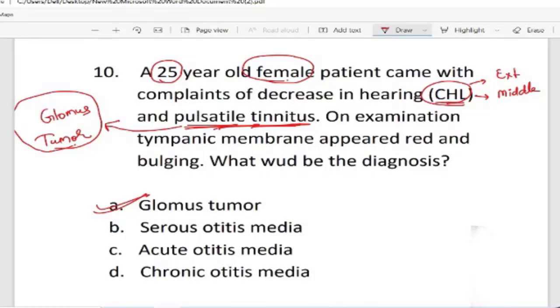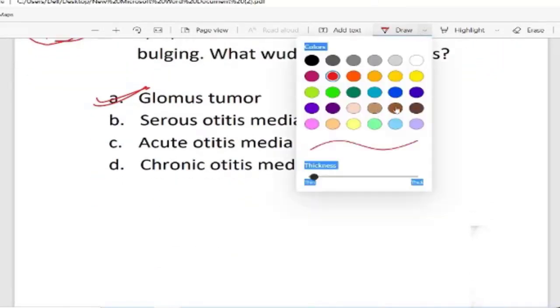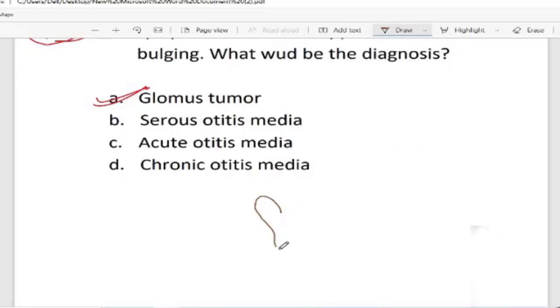Tympanic membrane appeared red and bulging. What happens is, suppose this is your external ear. This is the canal, this is my tympanic membrane, and this is my middle ear central chamber. And we all know here is the jugular bulb downwards, and there is an internal carotid artery also.